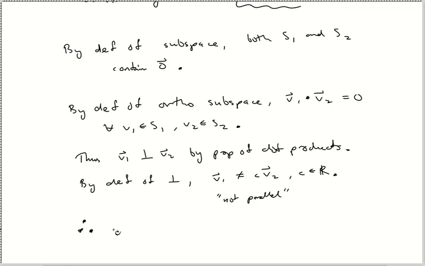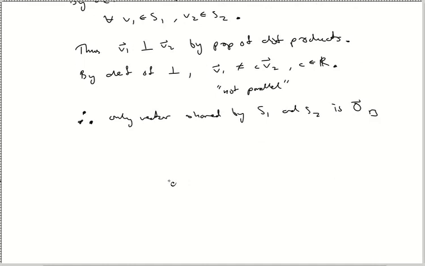Therefore, the only vector shared by S1 and S2 is the zero vector. They're orthogonal, so their dot products are 0, therefore they're perpendicular, and therefore you don't have anything that's a scalar multiple or parallel to one another. The end.